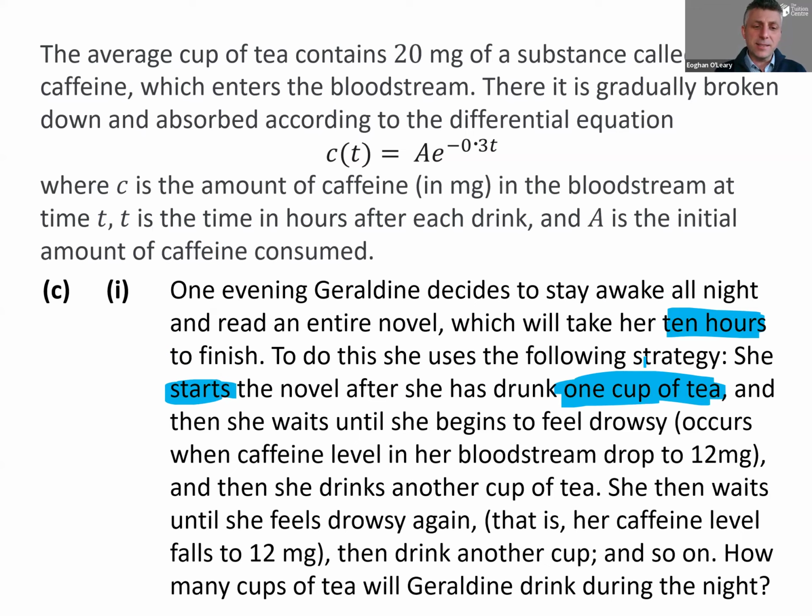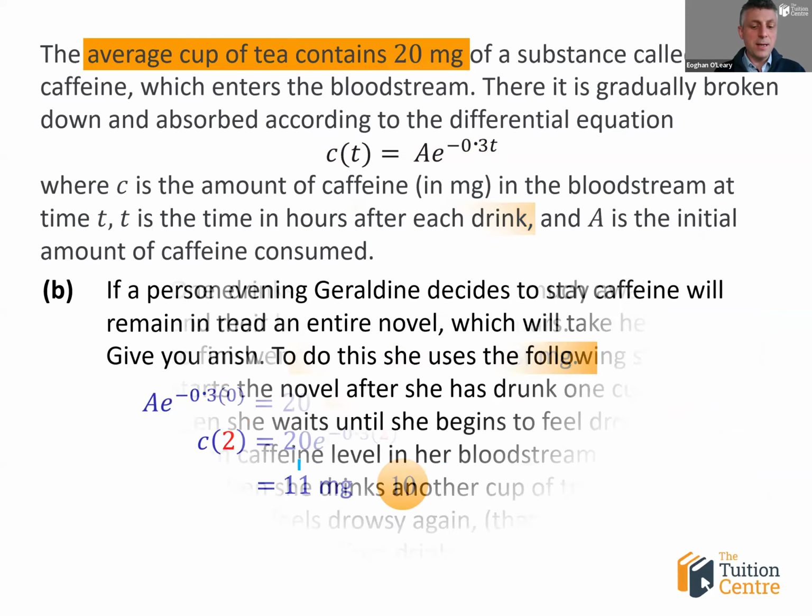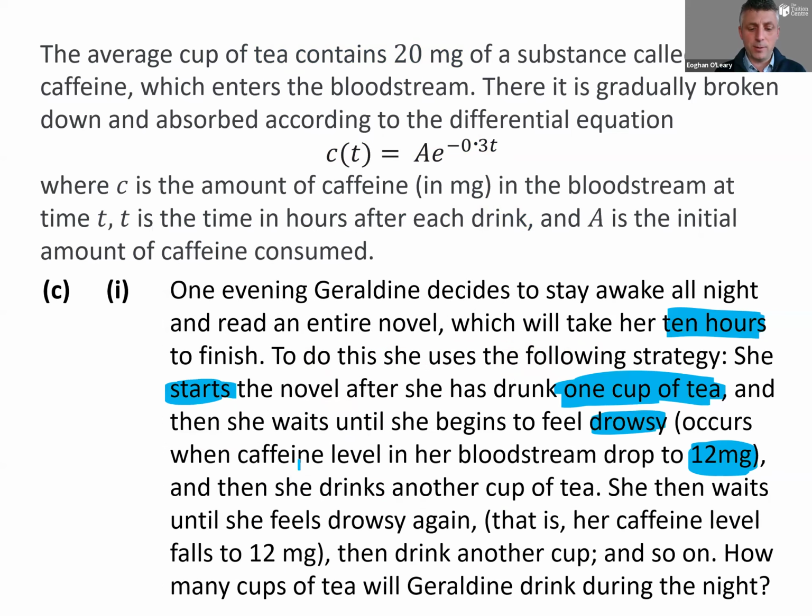So again, starting it is that initial time. And then she waits until she begins to feel drowsy, which occurs after the caffeine level in her bloodstream falls to 12 milligrams. Now, have we seen that 12 milligrams before? Not quite. After 2 hours, she had 11 milligrams. So it'll be slightly less than 2 hours.